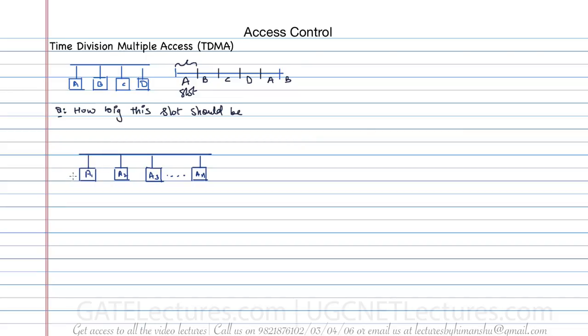Station A1 wants to communicate with station AN. First of all, station A1 will place some packets onto this medium.